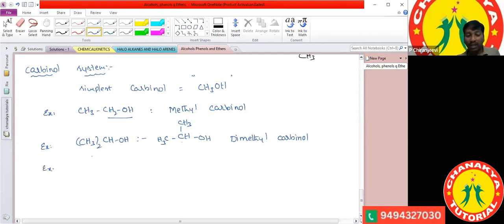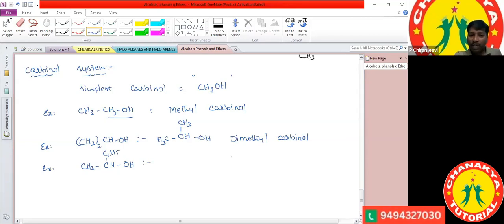Okay, and what is the other one? Here CH3, C, C2H5, CH, OH. So what is the name of the compound? How many alkyl groups are attached to the carbinol?